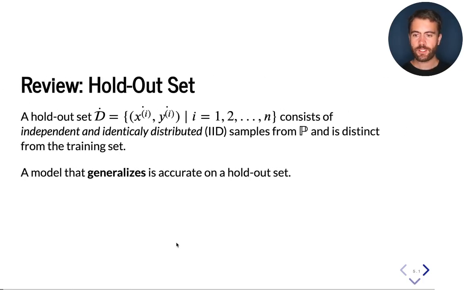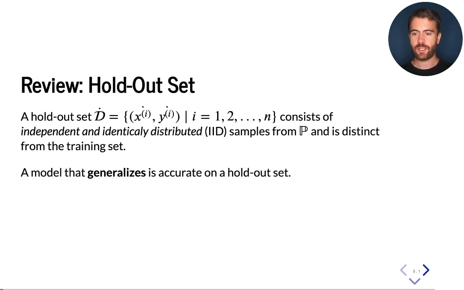Now, when we build machine learning models, especially in supervised learning, we typically optimize their performance over our training set. But as we have seen at the beginning of the course, that is not the real goal of machine learning. Our machine learning algorithms work if they generalize well to new data.